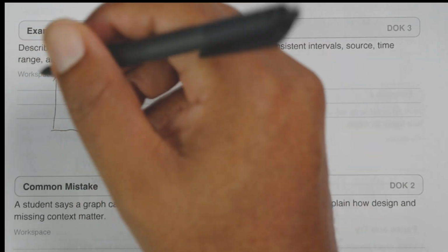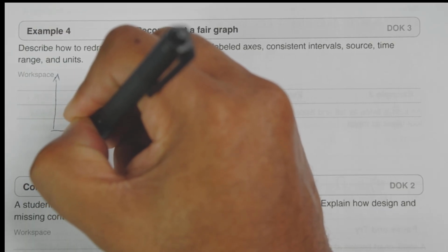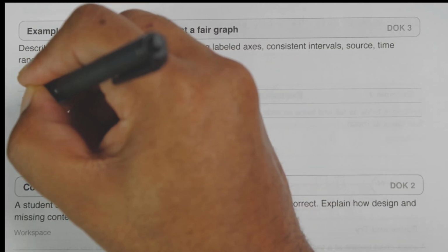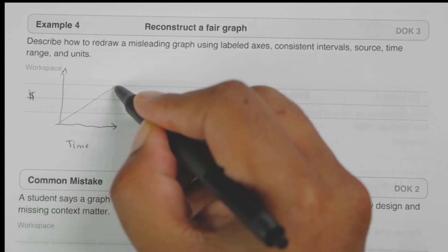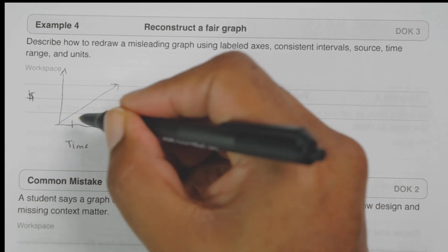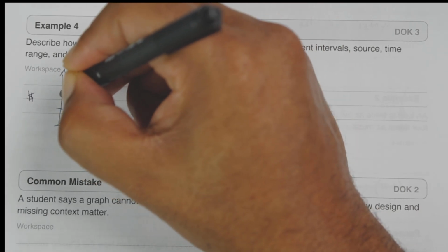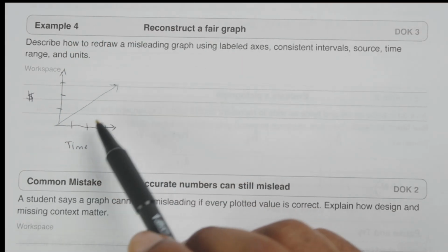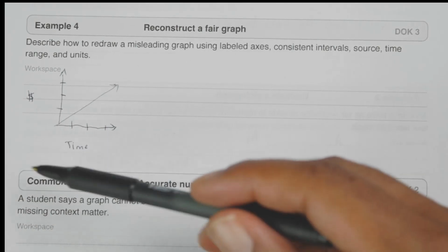Let's just say you have time and money. With respect to time, the older you get, you think the more money you make, right? That's how it should be. The more time you have, the more money you make, generally speaking.